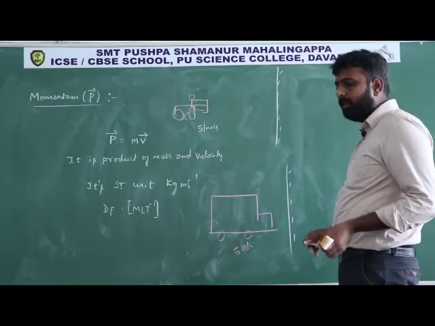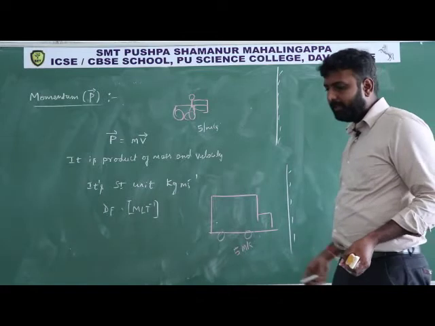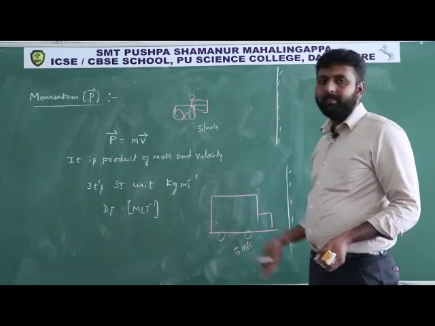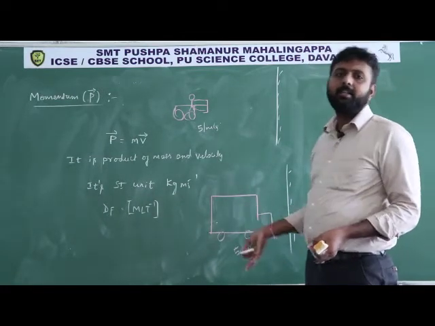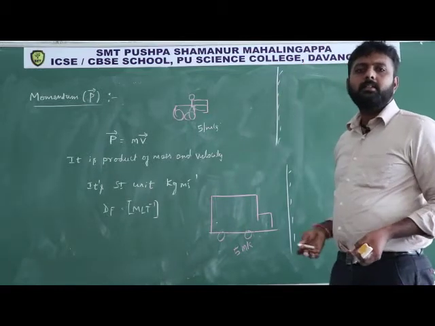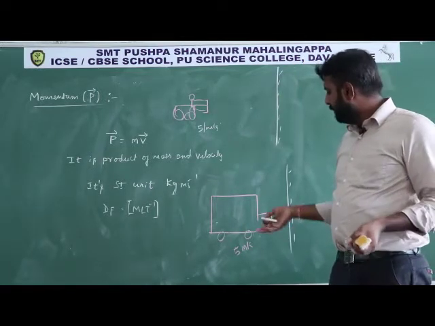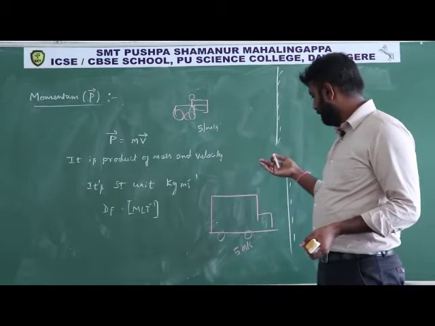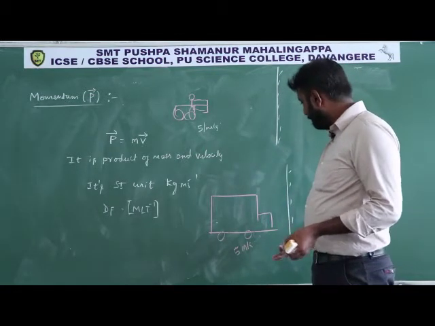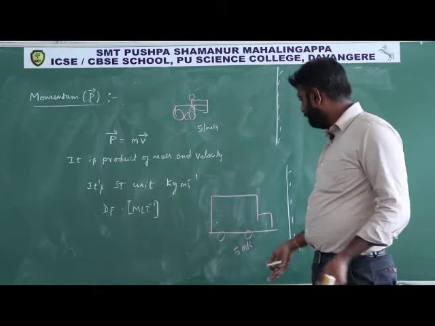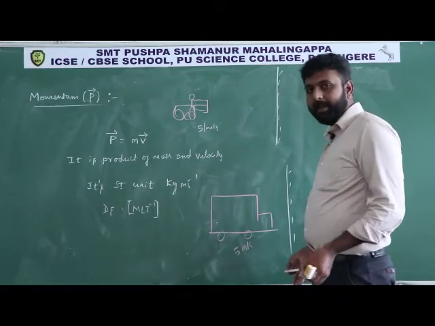Why? The speed is the same, so the mass must be different. The mass of the truck is very, very large. So if mass is more and it is moving with some velocity, it has more quantity of motion, and because of that there is more impact.